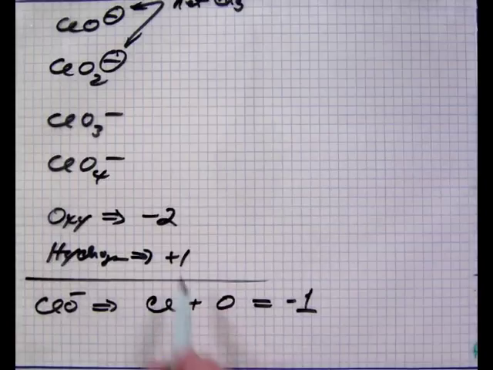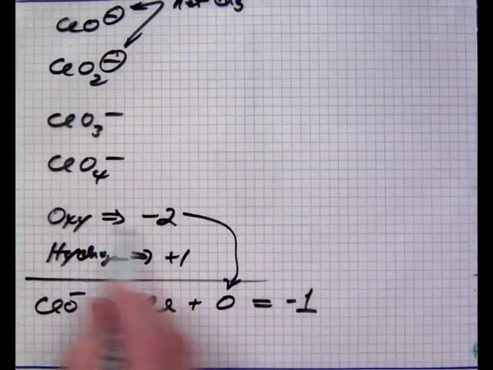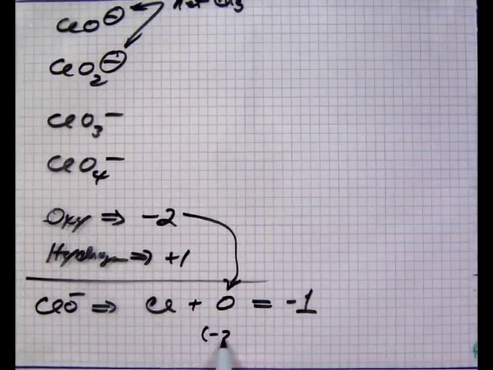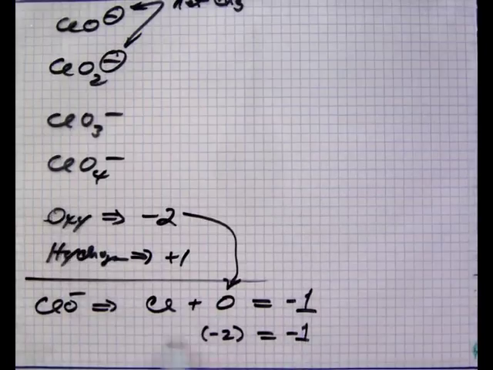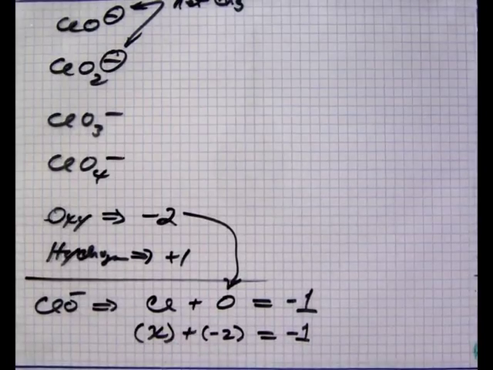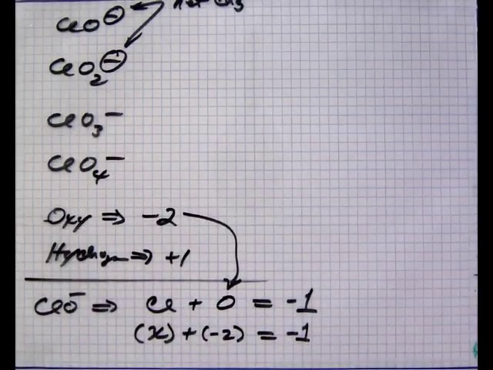And so I know that oxygen is always -2, so I'm going to put -2 right there, equals -1. And this will be my unknown. And so you solve that for X. Very simple algebra. You just kind of spread out your molecule, put in oxygen or hydrogen or whatever you need, and the unknown is listed as next. Okay?